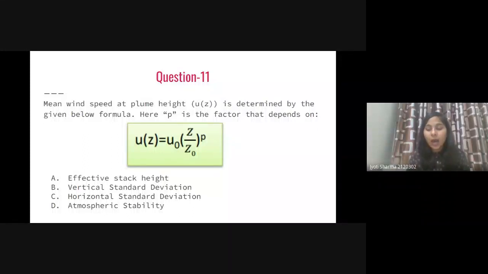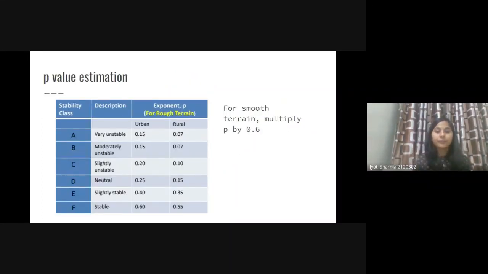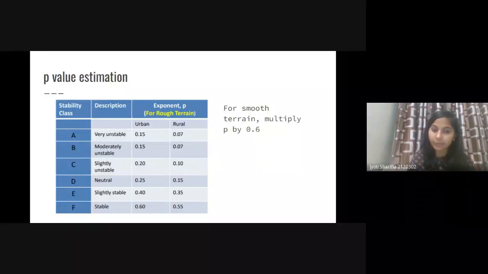Based on how your temperature is increasing or decreasing with the height, your wind speed will also depend on it. So the answer should be D, the atmospheric stability. Here the values are defined for different stability classes. If our atmosphere is very unstable, for rough terrain or for the urban area, the value for P will be 0.15. For the rural area, this value will be 0.07.